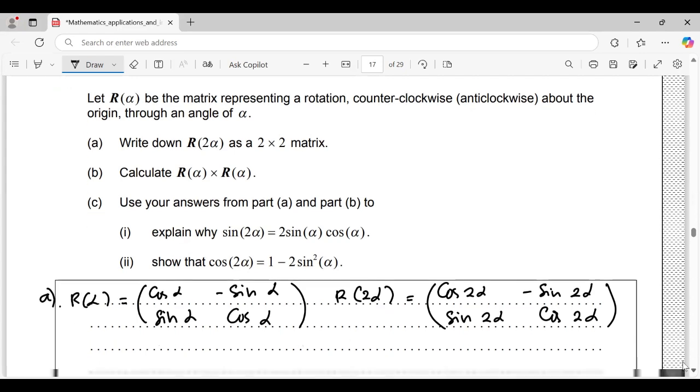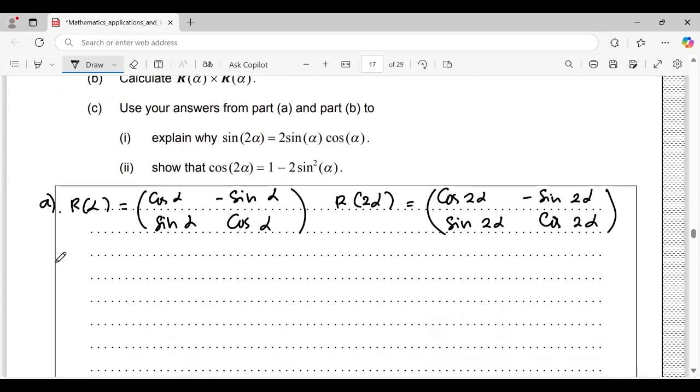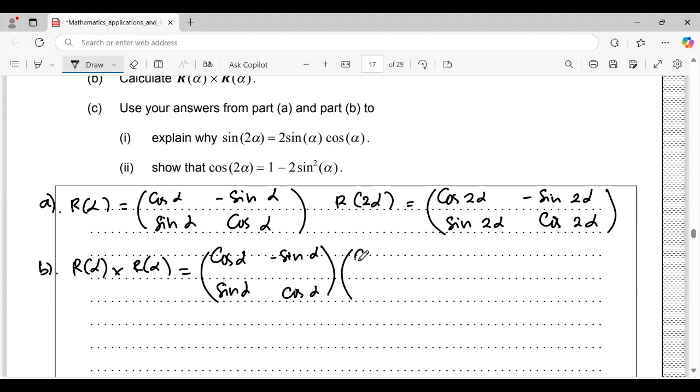Okay, so part B, R alpha multiplied by R alpha is equal to the matrix cosine alpha, minus sine alpha, sine alpha, cosine alpha, times cosine alpha, minus sine alpha, sine alpha, cosine alpha.